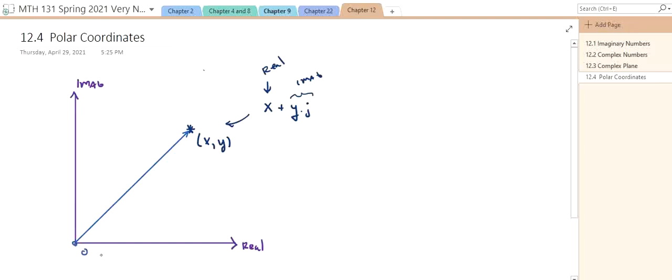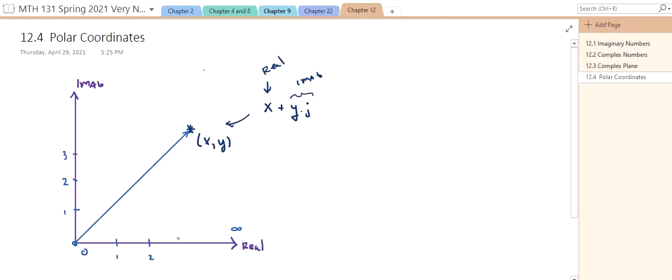This is 0. So again, this goes out 1, 2, out to infinity. And this goes out, same deal, except along the vertical, these are imaginary. So 1j, 2j, 3j, and so on and so forth.